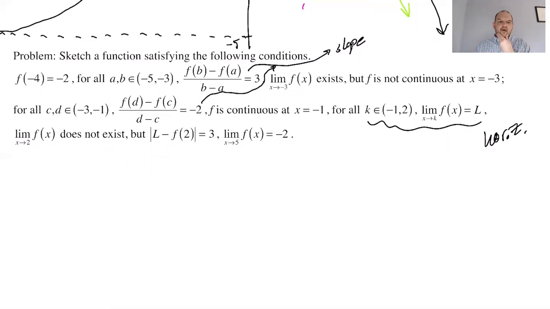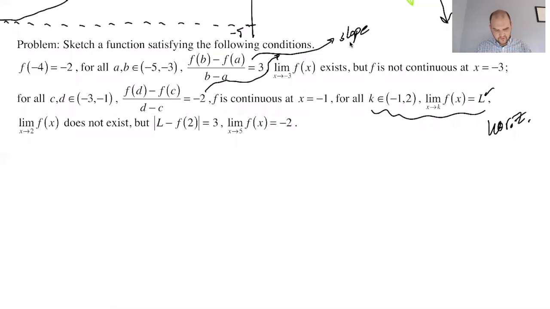So whatever the limit is at 2, the limit from the left at 2 is going to be whatever L is. And then the absolute value of L minus f(2) is equal to 3. We'll deal with that when we get there. And then the limit as x approaches 5 of f(x) is -2. That's like the next most concrete thing we were given. We could actually pencil that in if we wanted to.